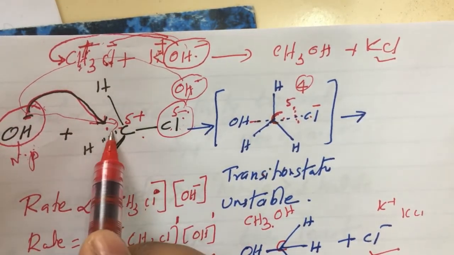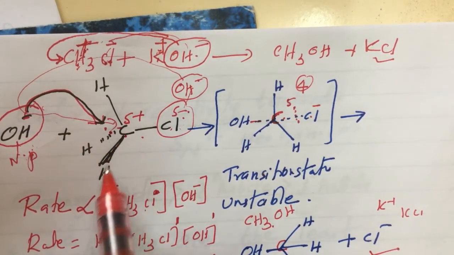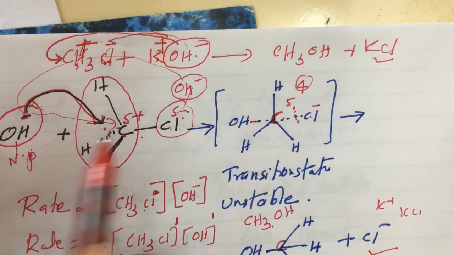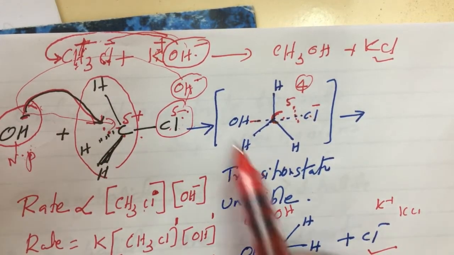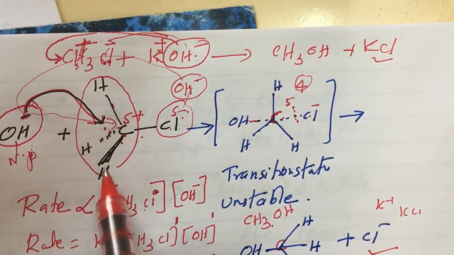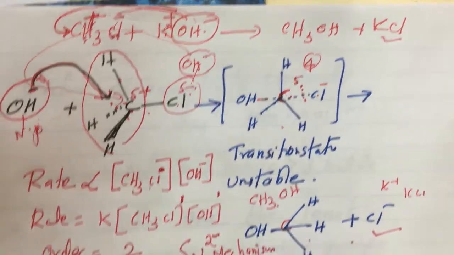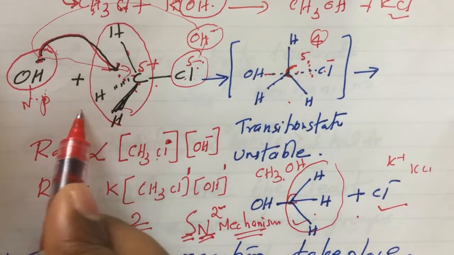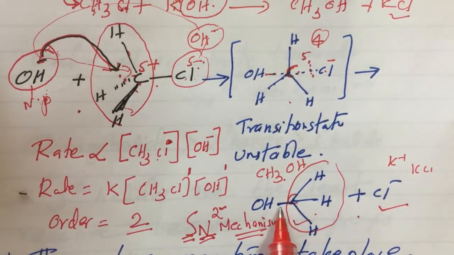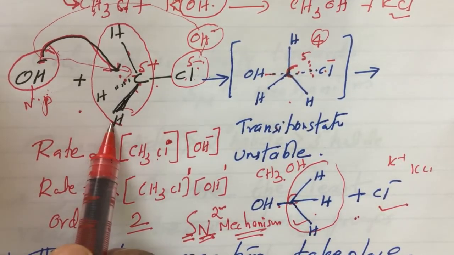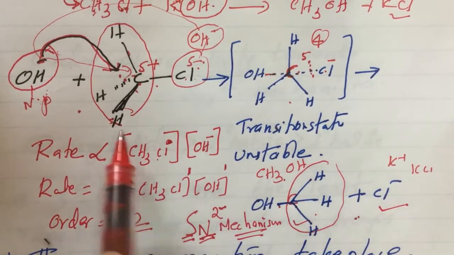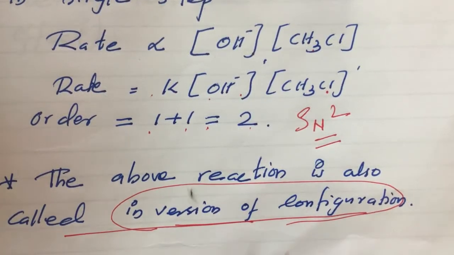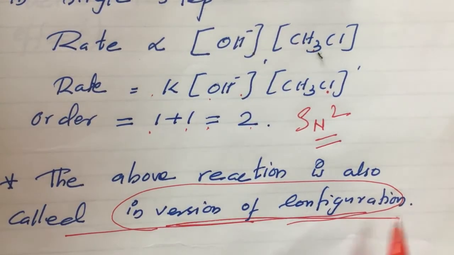And after attacking from the back side, see the position of the hydrogens. The 3 hydrogens are on the left side, but in the product they are completely on the right side. So there is an inversion of arrangement. That is why it is called inversion of configuration. Clear?